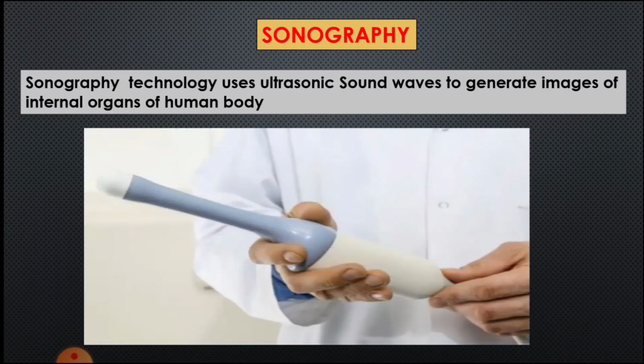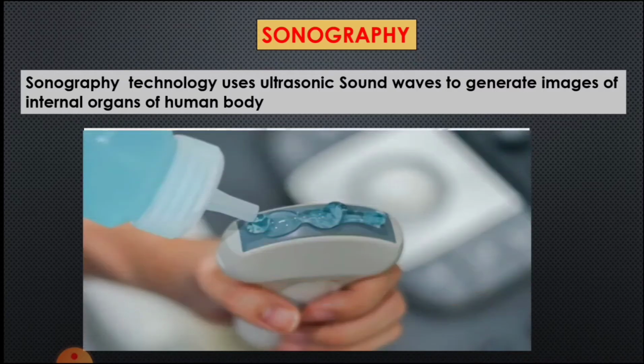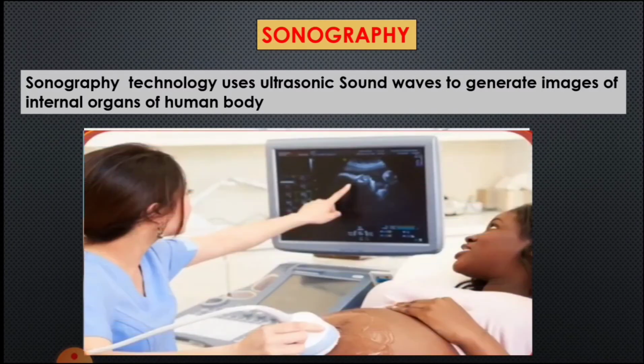This technique makes use of a probe and a gel. A gel is used to make proper contact between the skin and the probe so that the full capacity of the ultrasound can be utilized.